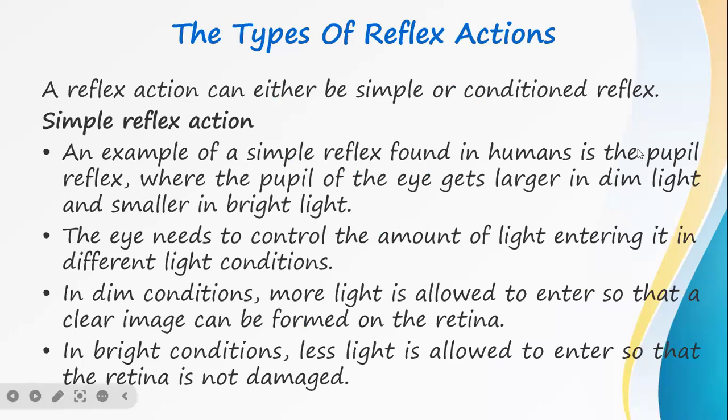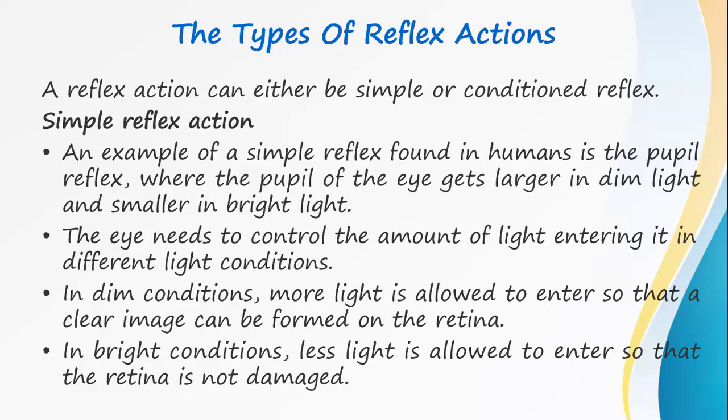Now, starting with the first one, that is the simple reflex action. We saw the meaning of it in our previous video. An example of a simple reflex action found in humans is the pupil reflex, whereby the pupil of the eye gets larger in dim light and smaller in bright light.